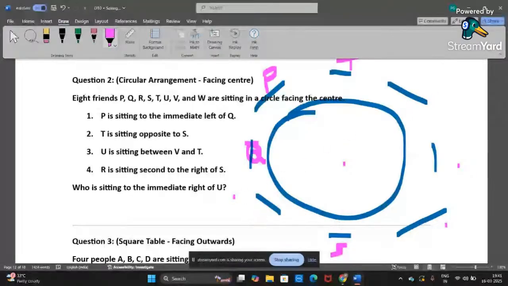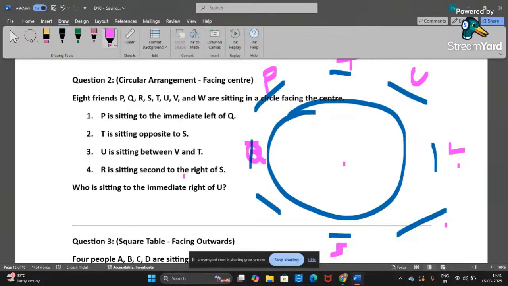U is sitting between V and T. So let us take this as V and this as U. Sorry, one second. U is sitting between T and V, right?